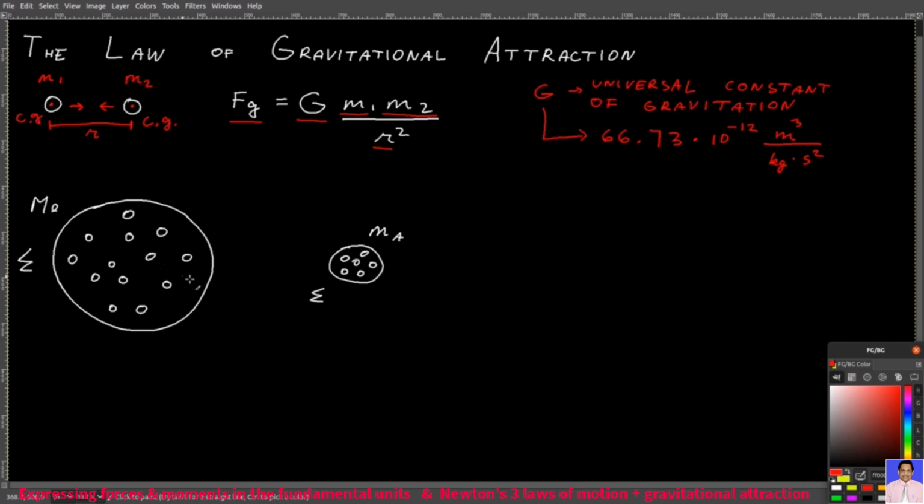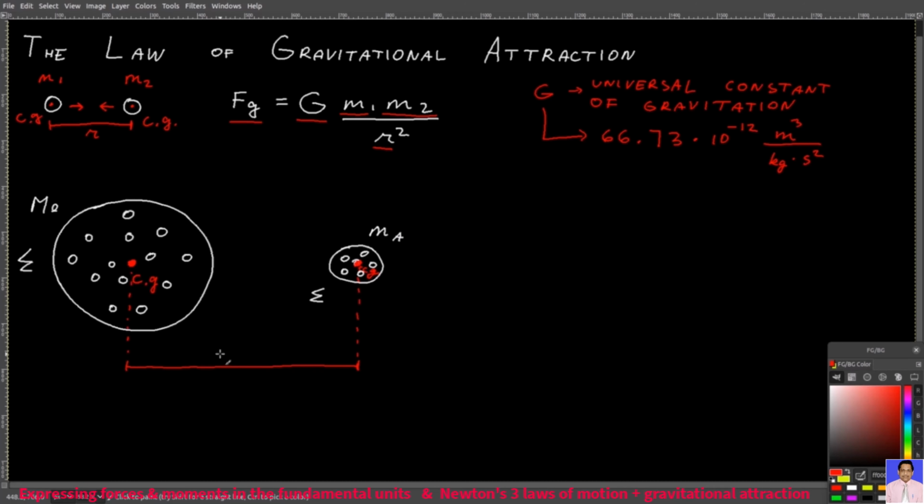Here we will again assume constant density, so mass is distributed equally inside the Earth and inside this object. If we make that assumption, then the center of gravity of the Earth will be in the center of the Earth, and the center of gravity of object A will be in the center of that object.